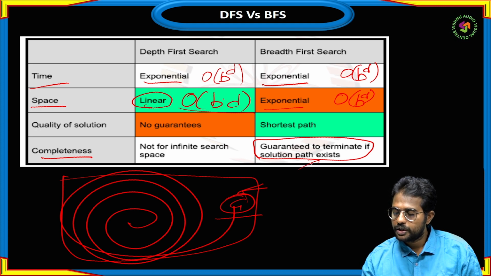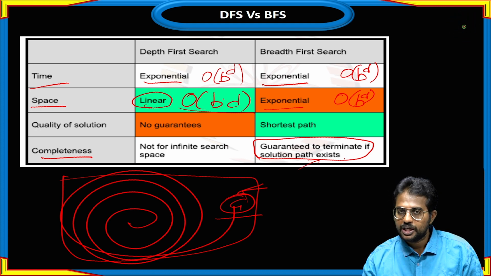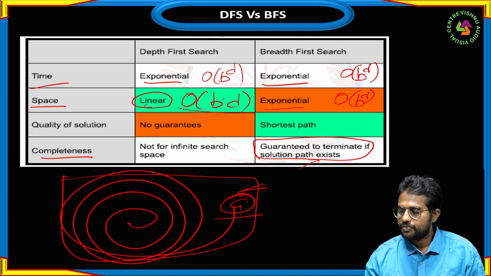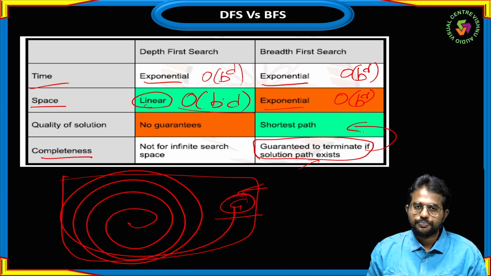As it has a goal node, it will have a path, and whatever path we get by using BFS will be the shortest path.